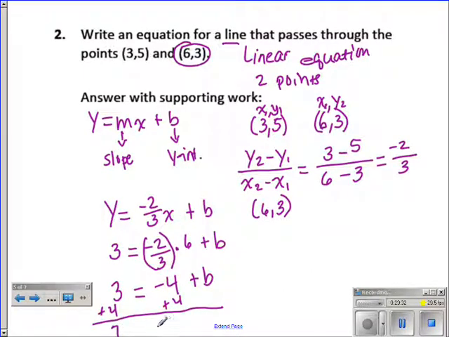So now I'm going to put my y-intercept into my equation. And my equation is y equals negative 2/3 x plus 7. Voila. And that's how I write an equation for a line that goes through 2 points.